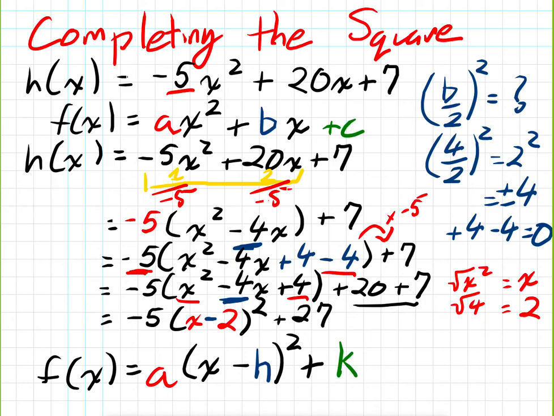What we've now done is we have our a value for vertex form, our h value, and our k value. This is the process of completing the square. This is an algorithm. You go through all of these steps, and it puts us in the specific form called vertex form.